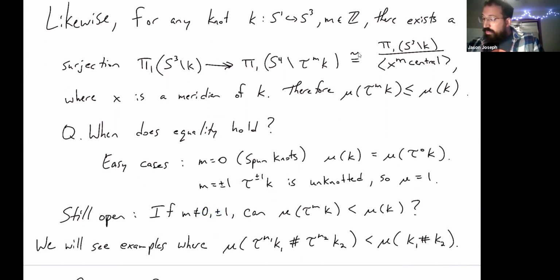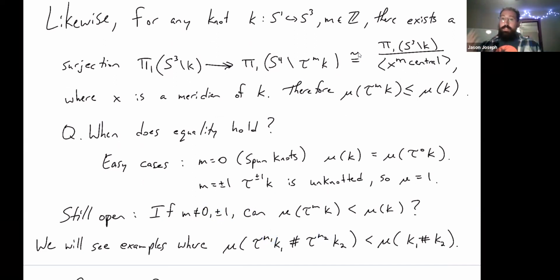So I don't know any examples of that, but we do have examples that I'll say at the end, where you have a connected sum of twist spun knots, and the meridional rank of the connected sum is strictly less than that of the connected sum of the knots being twist spun, but notice these twisting indices are different.